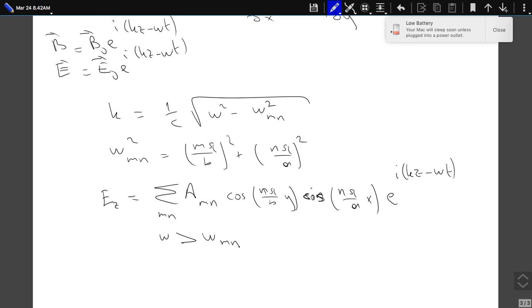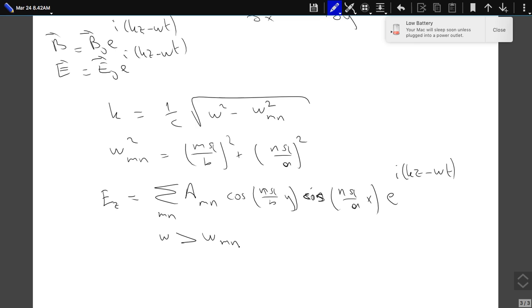Think of it like this. If you are playing the flute, you can only create certain frequencies, not all of them. This is, in a sense, similar to that. You can create certain frequencies in your waveguide, not all of them. Basically you have ranges of frequencies that you can create.